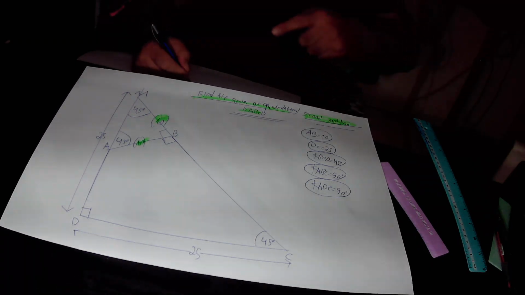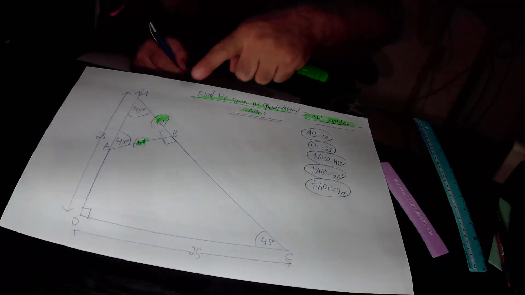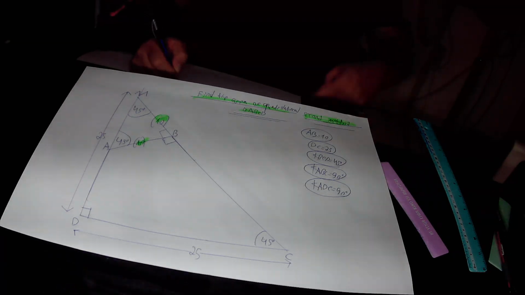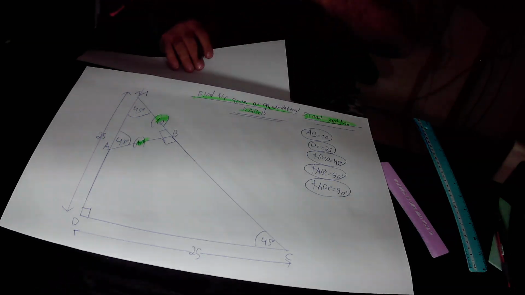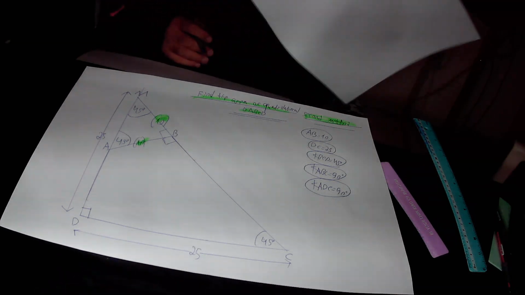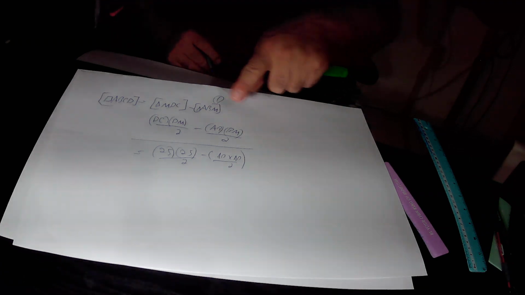This AB is 10 and BM is also 10, so the area of this small right triangle ABM equals 10 times 10 over 2.